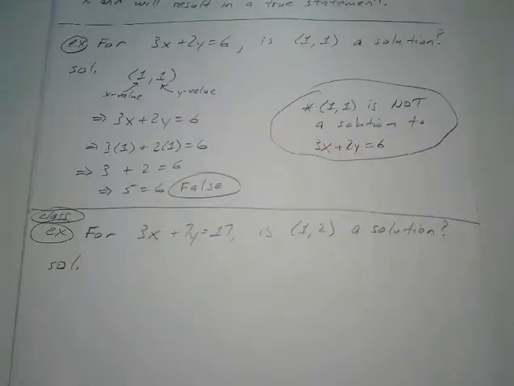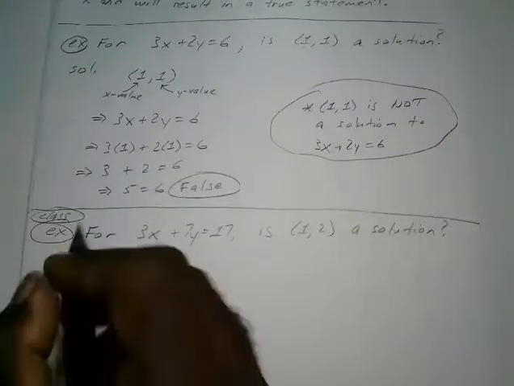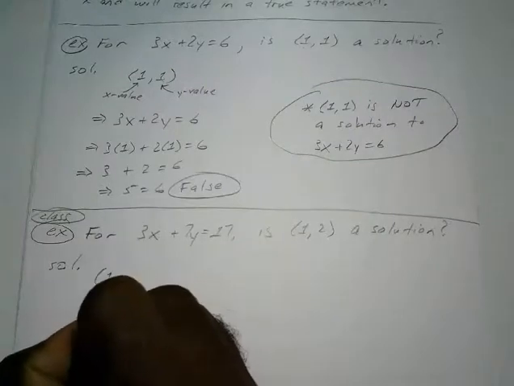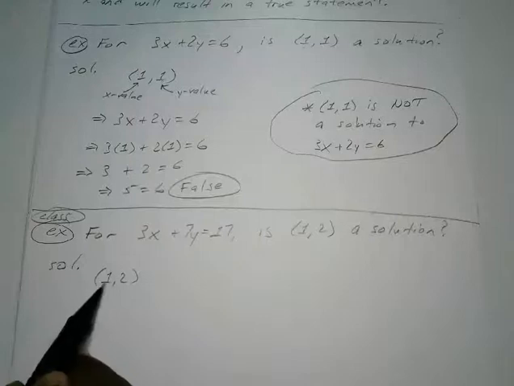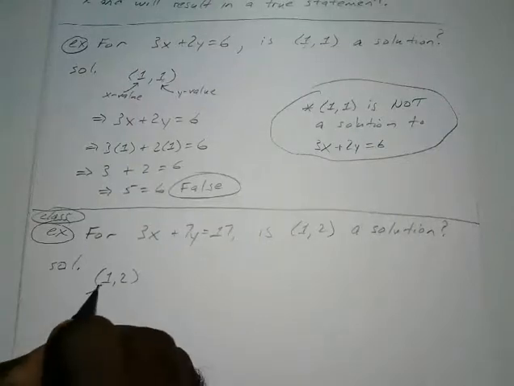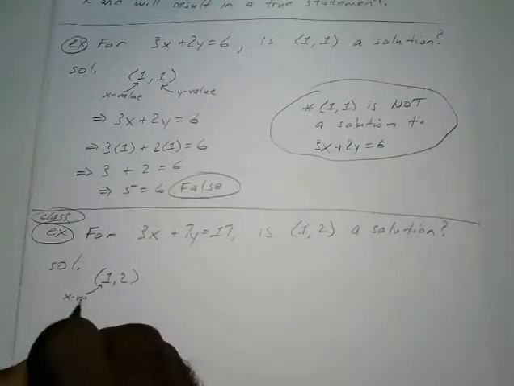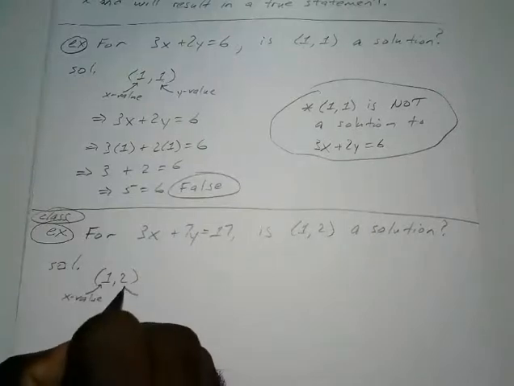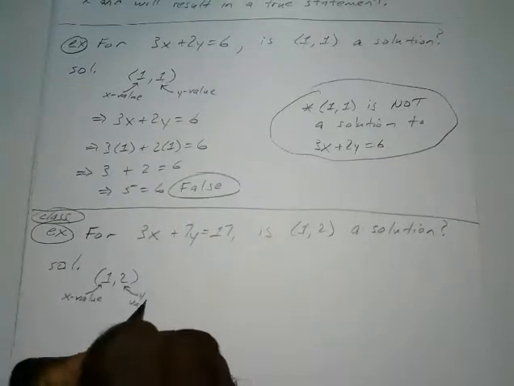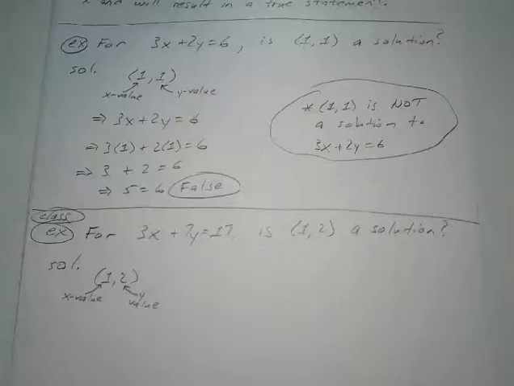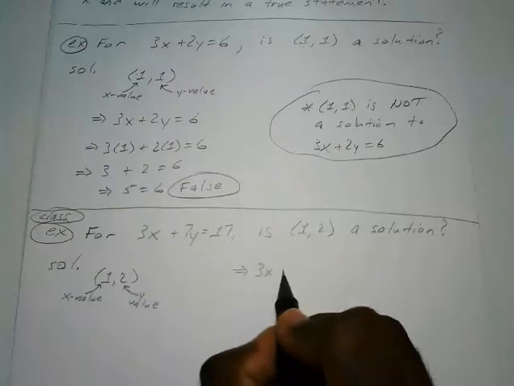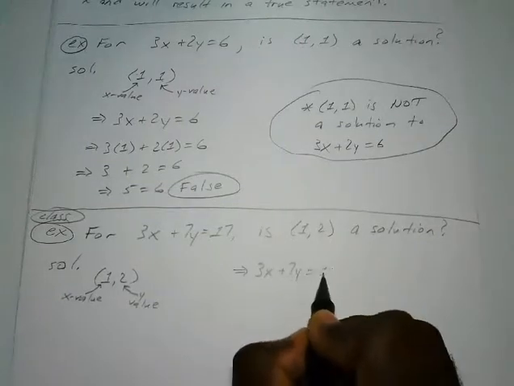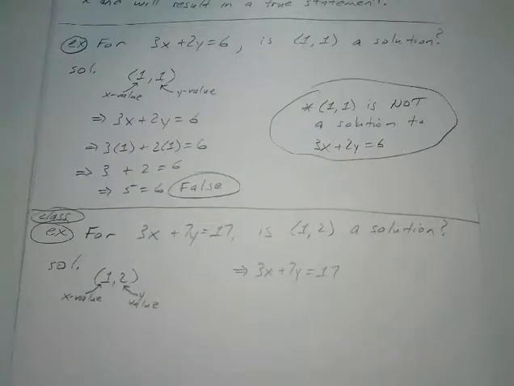All right, so assuming you have pressed pause and worked this one out, to find out if 1, 2 is a solution, remember the value on your left is your x value, and the one on your right is your y value. All right, so we started off with 3x plus 7y equals 17.